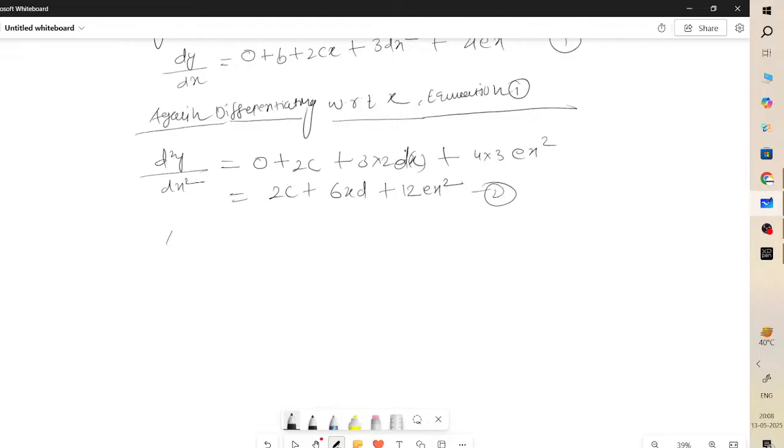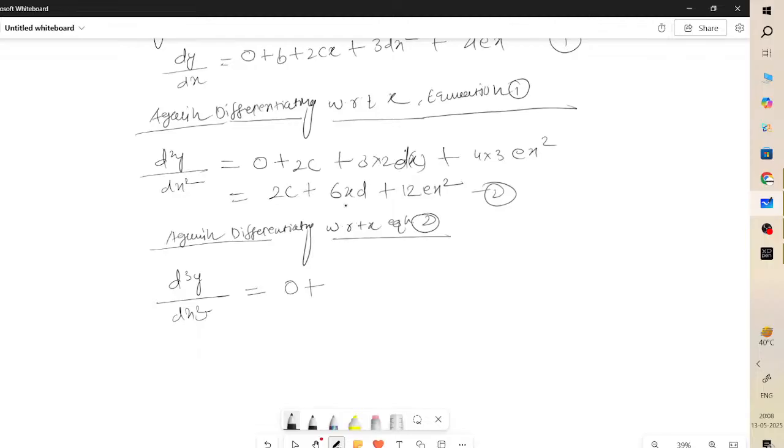Now again differentiating equation 2 with respect to x, we get d3y by dx cube. Since 2c is constant, we get 0 because differentiation of a constant is always 0.